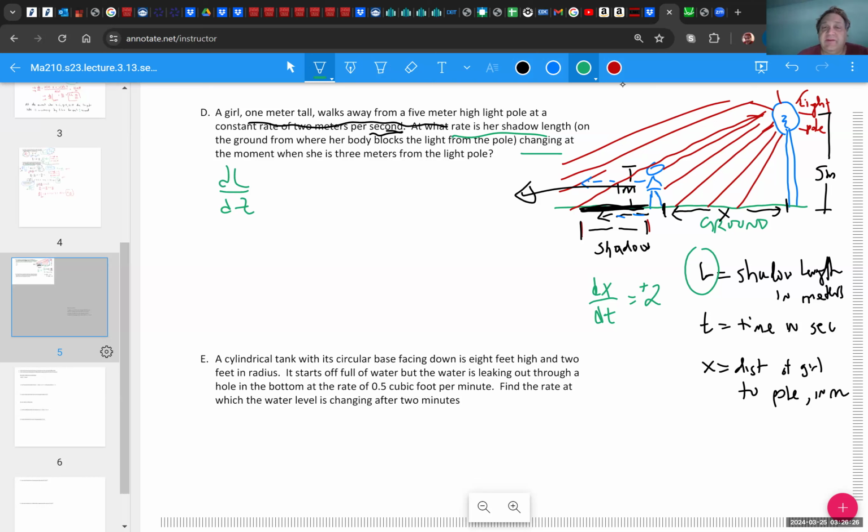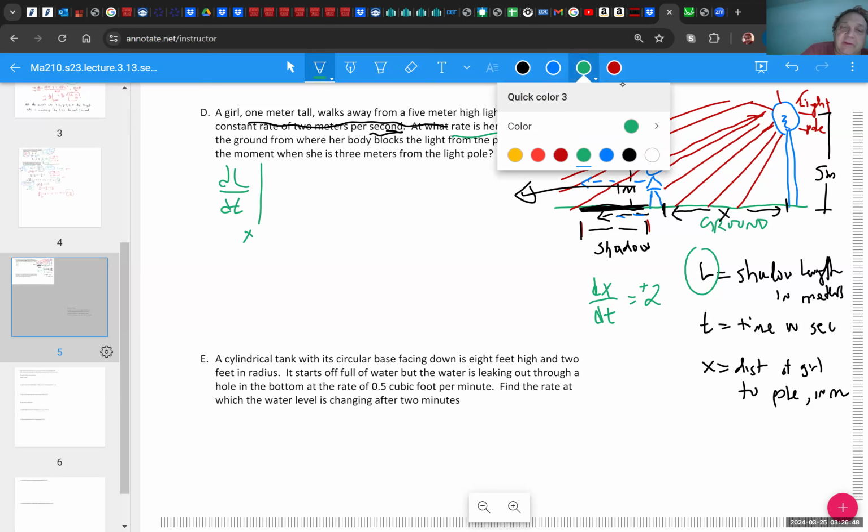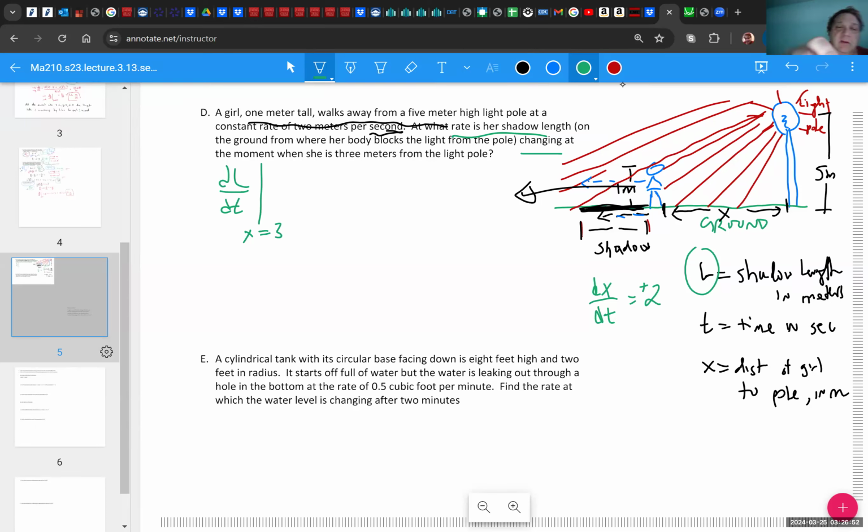So how fast is the change in L over the change in time, at the moment when she is 3 meters from the pole? The distance to the pole is x. So we're looking for dL/dt. That's supposed to say t, but it looks a little bit more like a z. Let me just clarify that. We're looking for dL/dt at the moment when x is equal to 3, question mark.